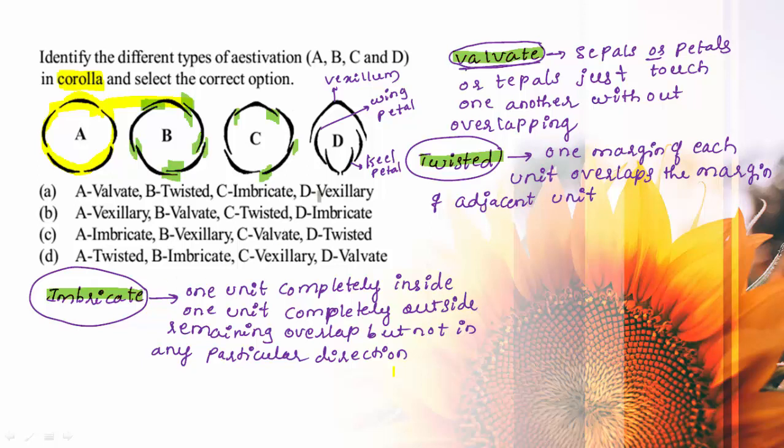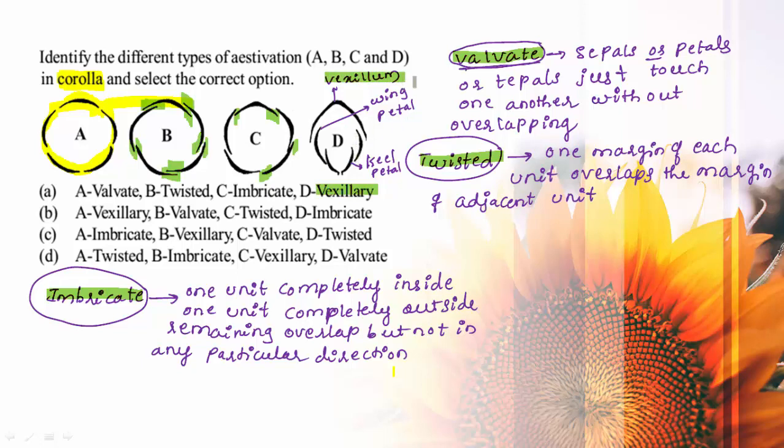Then the last one is vexillary estivation. It is a particular estivation observed in the family Fabaceae, where the petals show the particular vexillary estivation. One larger petal is present, called the vexillum, completely outside.